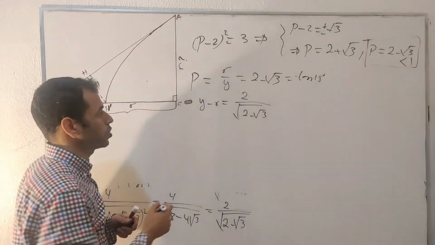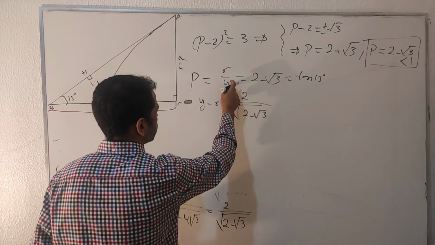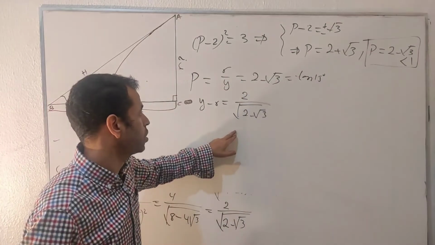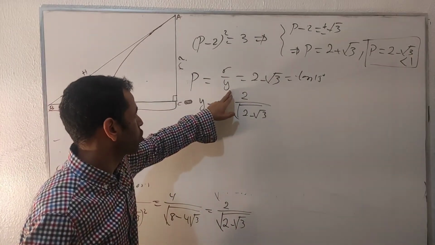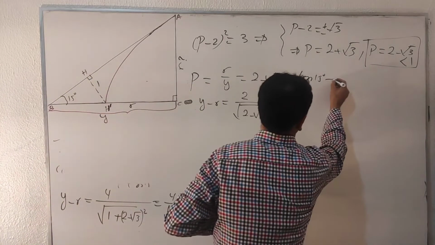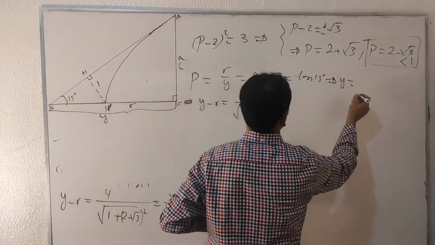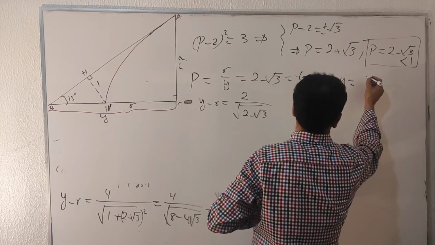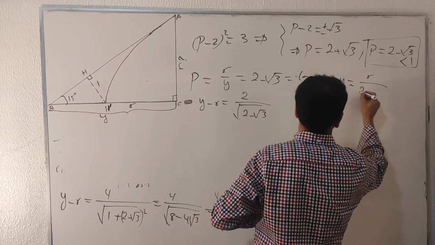So I know two things. I know this equation and I know this equation. I have an equation system here. So I'm going to extract y here and replace it into this equation. So here y is giving us r over 2 minus square root of 3.